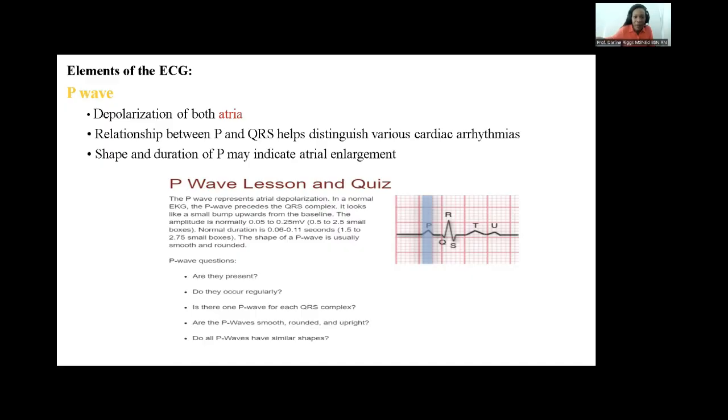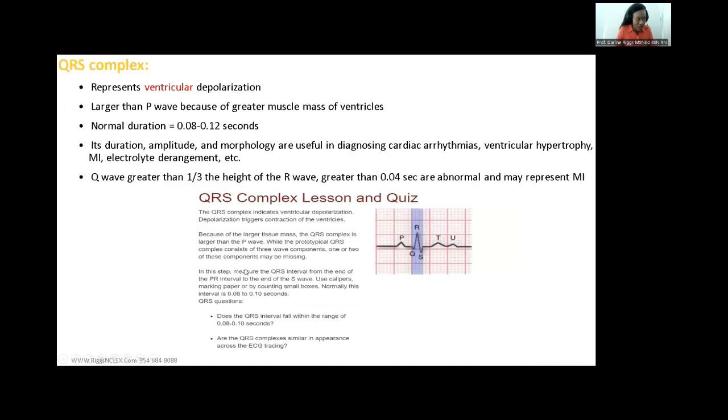We want them to come at the same time, not too fast or too slow. And do you see a P for every QRS? That's normal, that's what we want. PQRST, PQRST, PQRST. Do you have a P for every QRS? Minimally, those are the questions you need to be asking yourself.